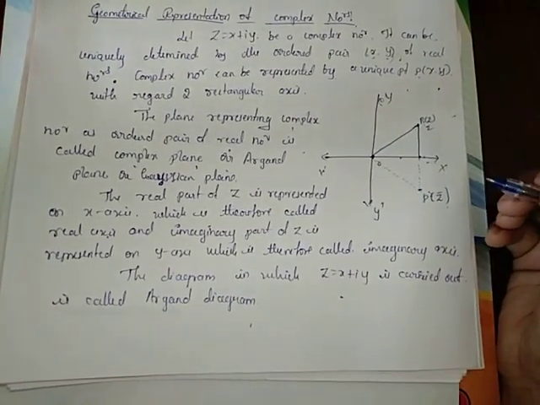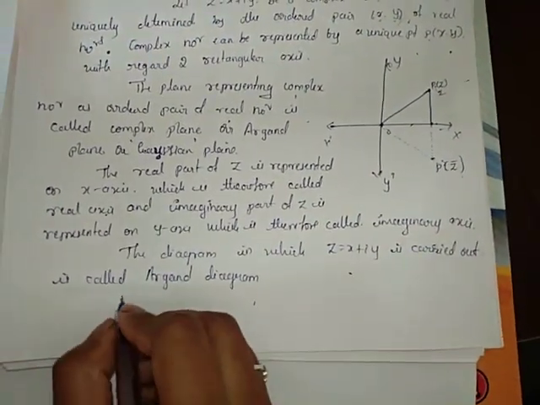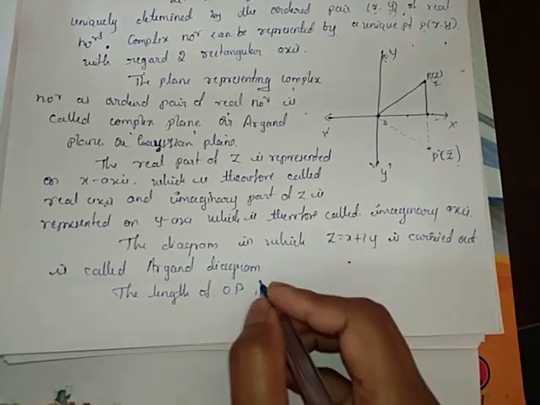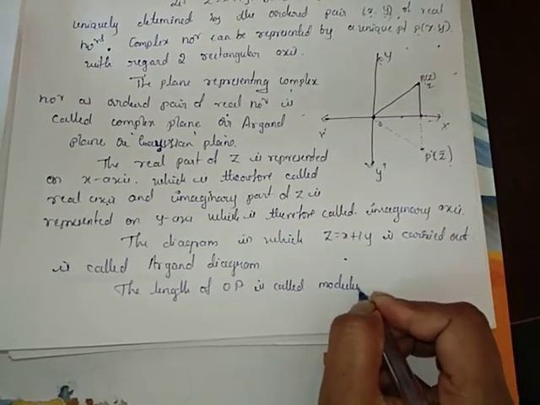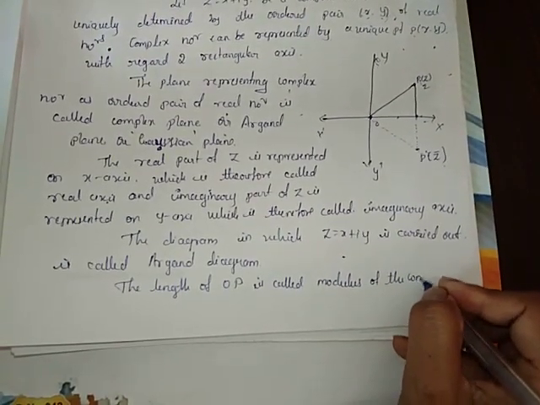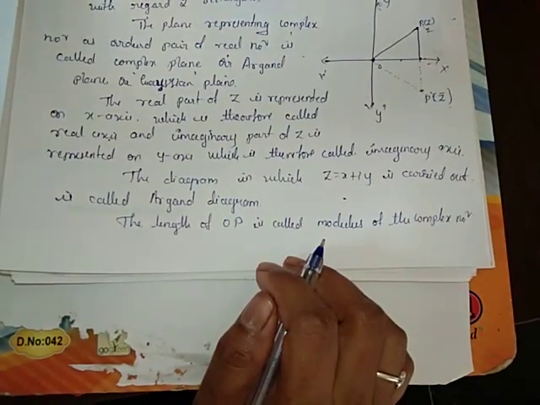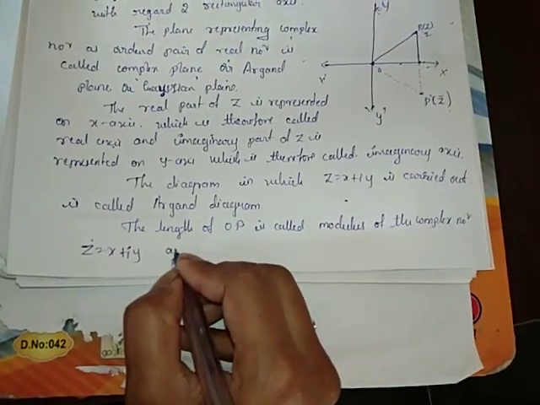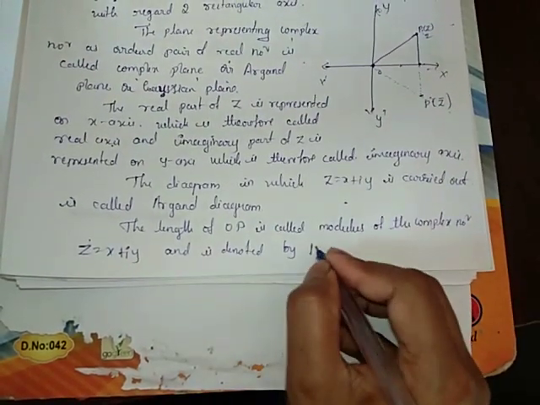And now we are taking the length of OP. The length of OP is called the modulus of the complex number z equal to x plus iy, and it is denoted by this symbol.